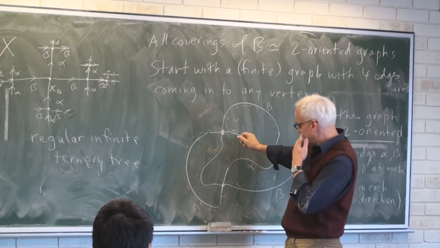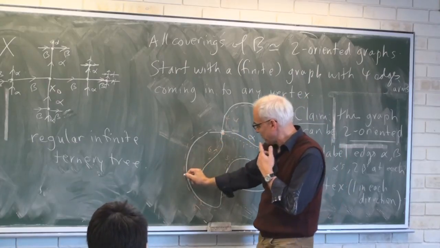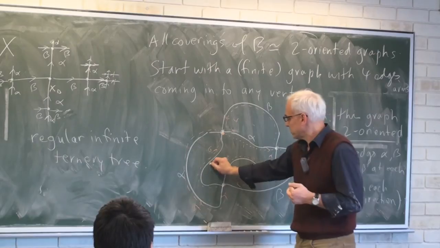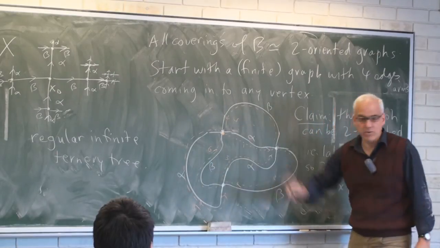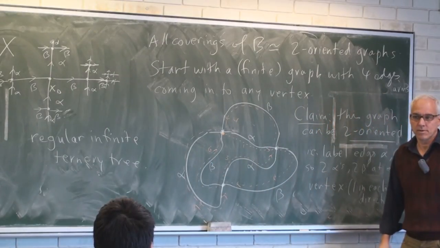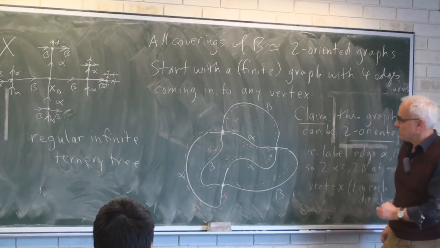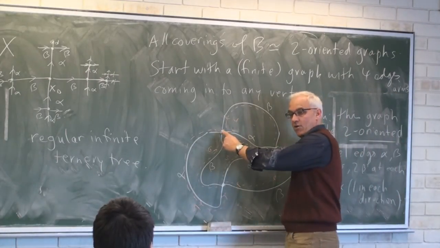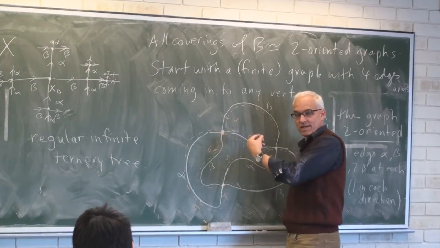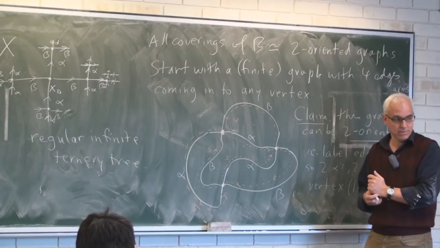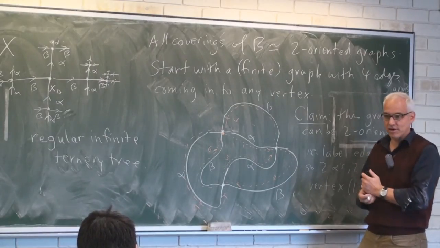The fifth one was alpha again, and then finally a beta. And then we're back to where we started. So we've gone alpha, beta, alpha, beta, alpha, beta. That ensures that at every vertex we've got 2 alpha edges meeting there and 2 beta edges meeting. That's the condition that we want to have.